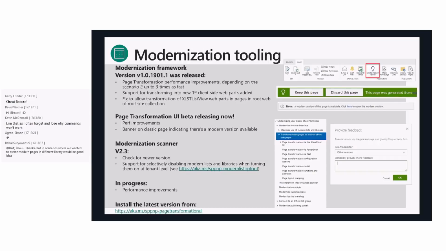And there is an additional banner that is shown on classic pages. Both the classic page and the page that you generated as a modern page from the classic page have a banner allowing you to flip back and forth between the pages, making it very visible that there is a modern page available. So that was released indeed 10 minutes before the call.